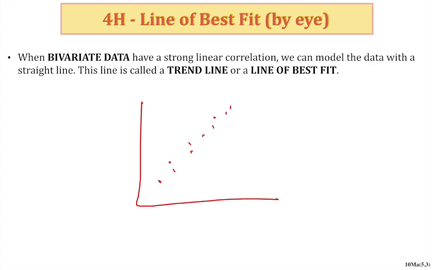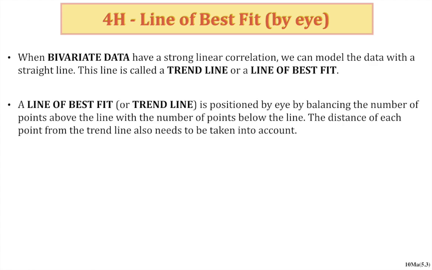So all of the points look like they're in a straight line. That's called having a strong linear correlation. And when something like that occurs, you can draw in a trend line or a line of best fit, as I just did.